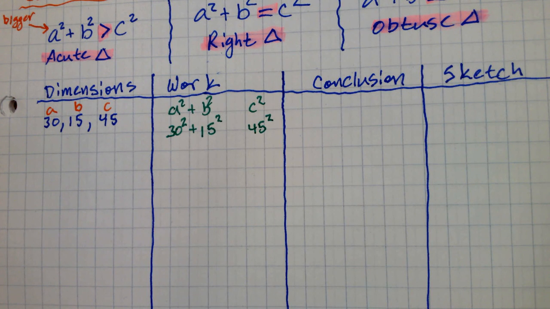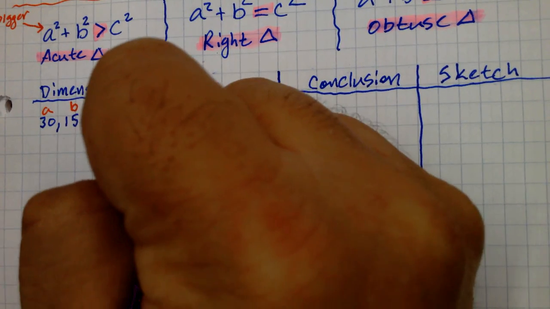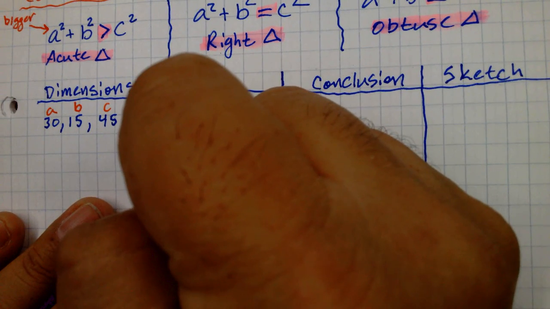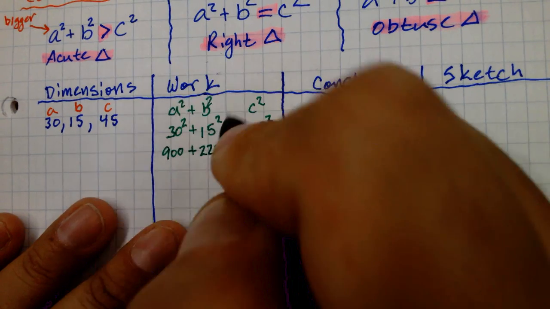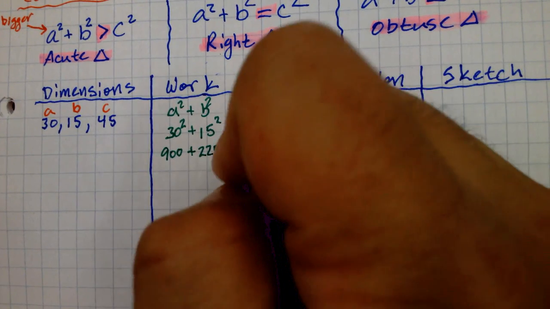Okay. Let's see. 30 squared is 900. 15 squared is 225. And 45 squared is 2025.